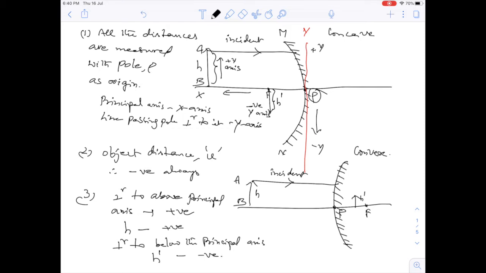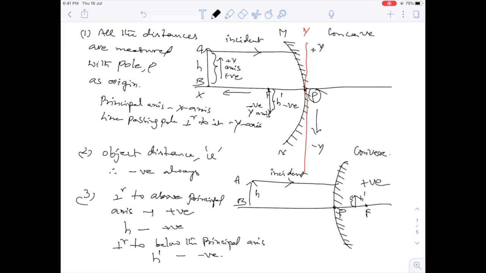And in the convex case, the same h dash is perpendicular above the principal axis here, so it is positive. So, it is positive, it is negative, it is positive.